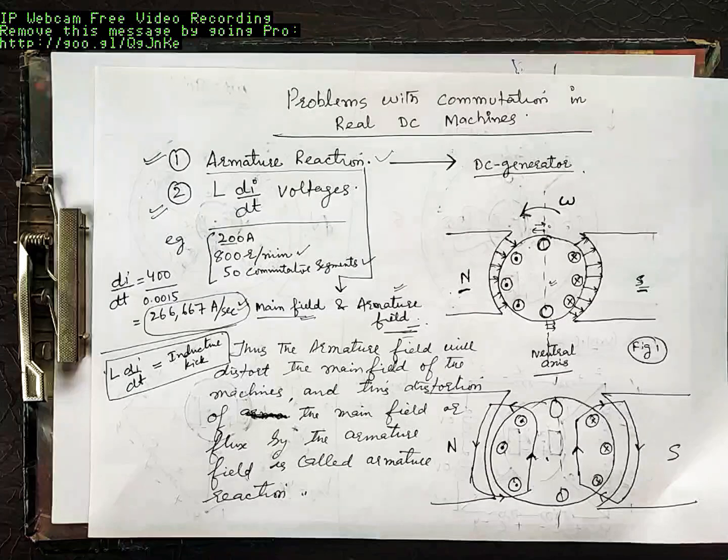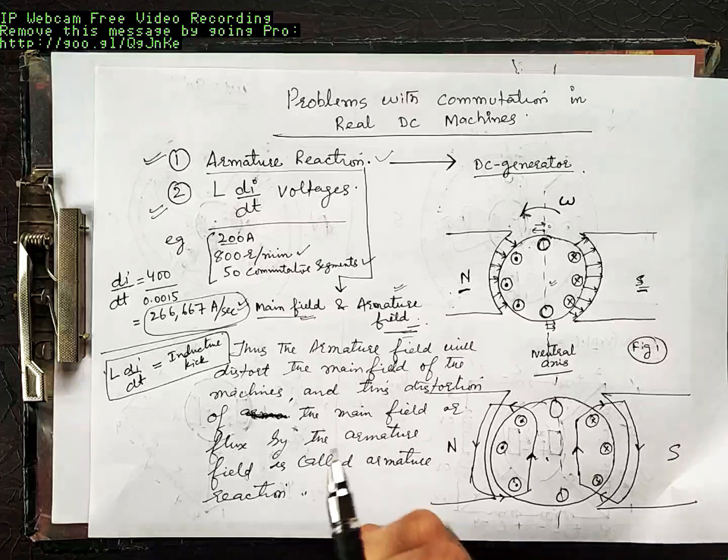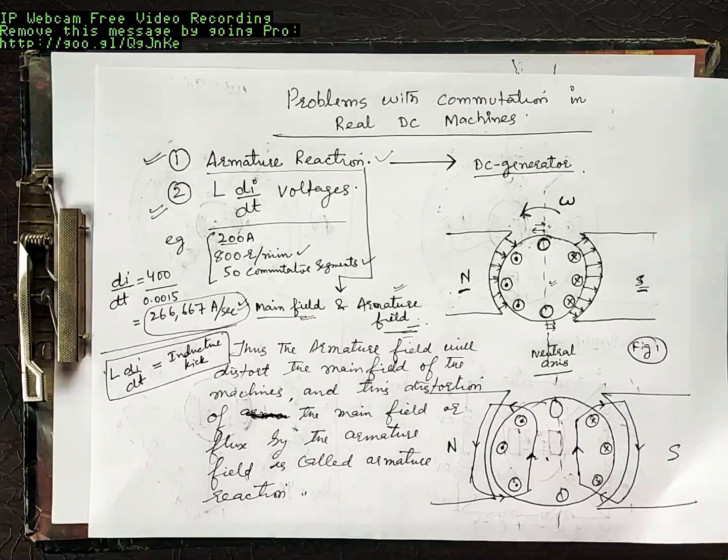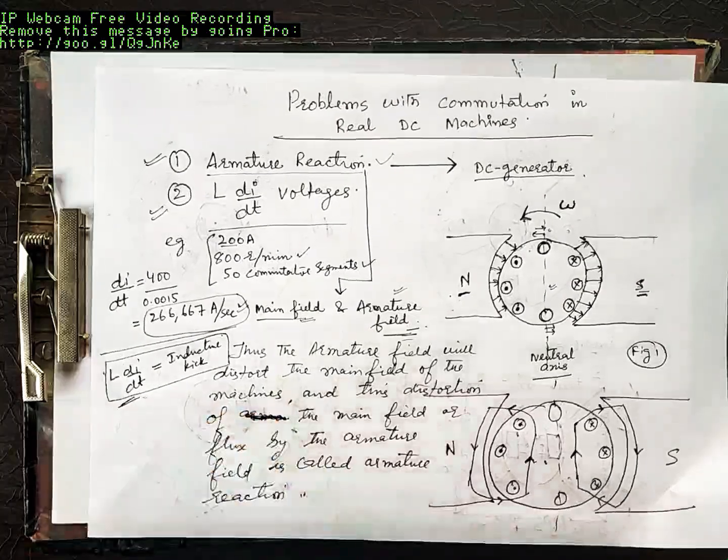Since the current in the coil is changing direction very fast, and the coil has an inductance, that inductance will tend to oppose the change in direction of current. You know this from Lenz's law. Because of this tendency to oppose the change in current, it will induce a voltage in the coil that opposes the change in the current. This voltage is what we call inductive kick.